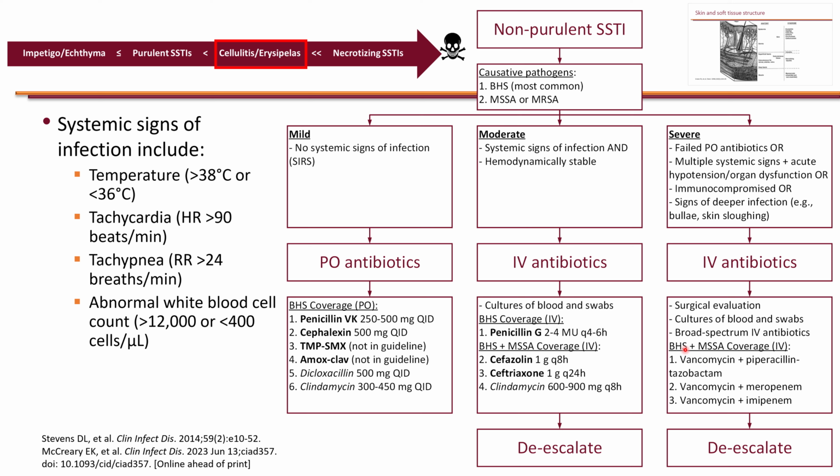So vancomycin to take care of MSSA, MRSA. You do want to cover MRSA for these severe infections. So vancomycin plus piperacillin tazobactam is what's routinely used, and these also have anaerobic coverage, in case there is necrotic tissue with anaerobes growing.